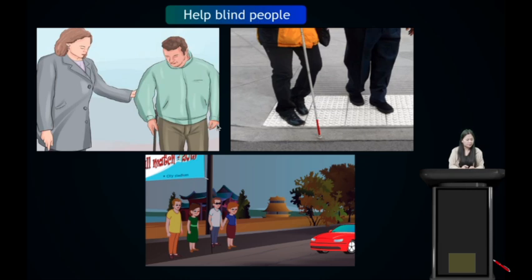Yes, students. So we have discussed these things in today's class. We have seen that the Braille system has helped many visually challenged persons to achieve different things in their life. For example, Louis Braille is one example. He was blind, a visually challenged person, but he still worked hard.